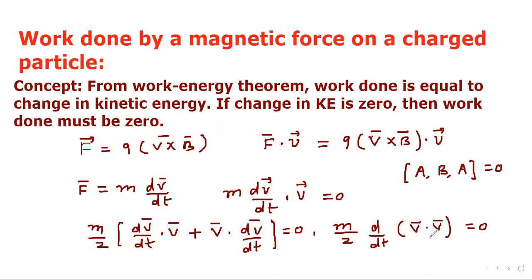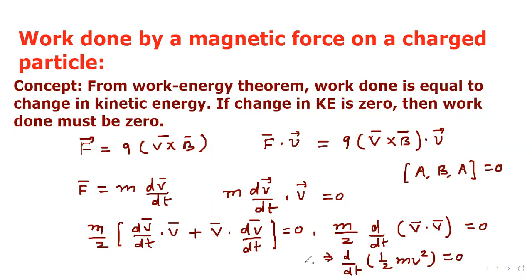If you remember the product rule, for two functions f(x), g(x), we differentiate them in order. So M by 2 d upon dt of V dot V equal to 0. So we can write it d upon dt of half MV square equal to 0, which is kinetic energy.